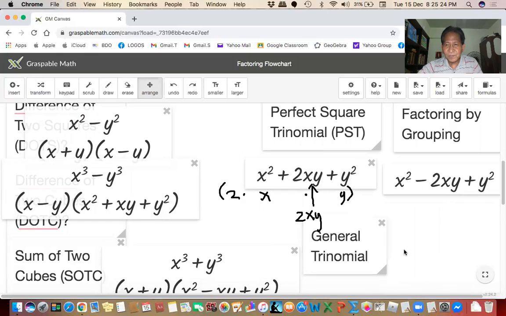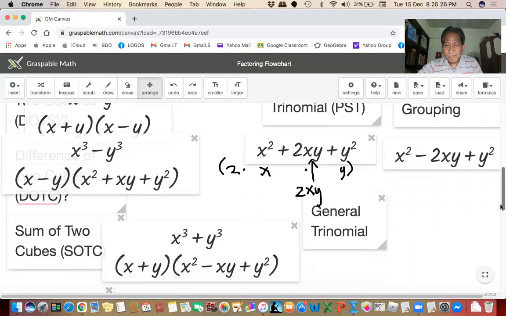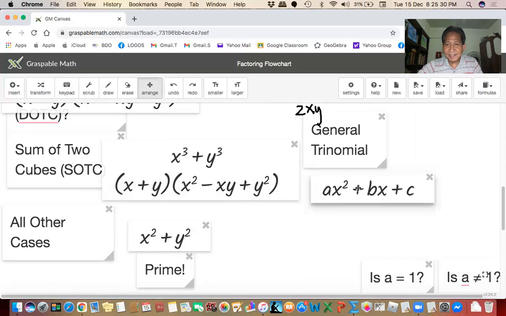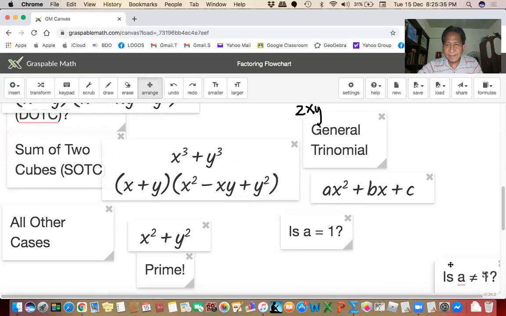Now the other type is simply a general trinomial. This one is what's usually done by trial and error, but we need not do much trial and error. So when you have a general trinomial, the problem would look like this: ax squared plus bx plus c. So you have a squared term, and then you have x and then a constant.